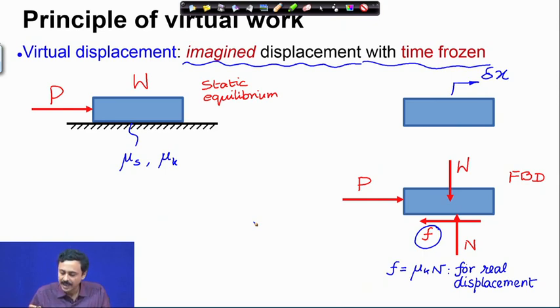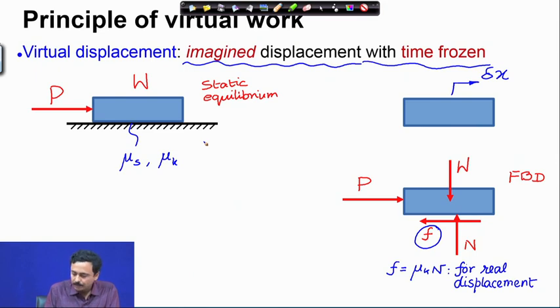In systems where the forces may be functions of time, we will freeze the time. That means the force vectors will get frozen, and then we will give an imagined displacement, which is consistent with the constraints. For example, here the constraint is that the block will never leave the table.